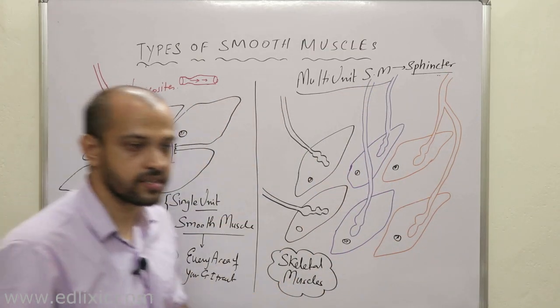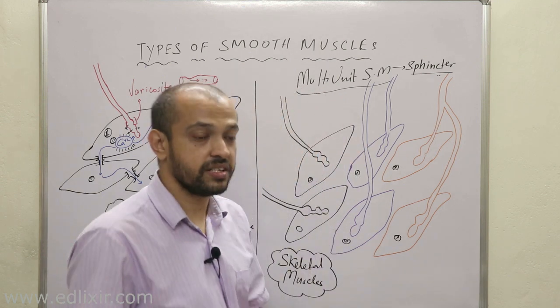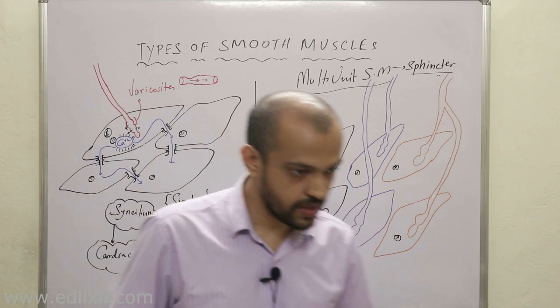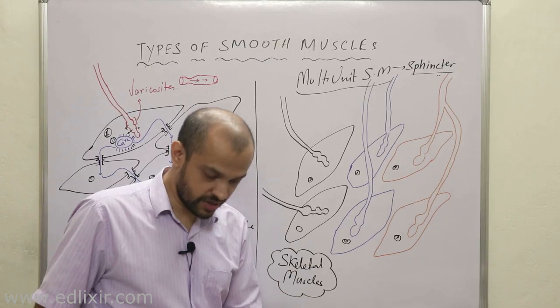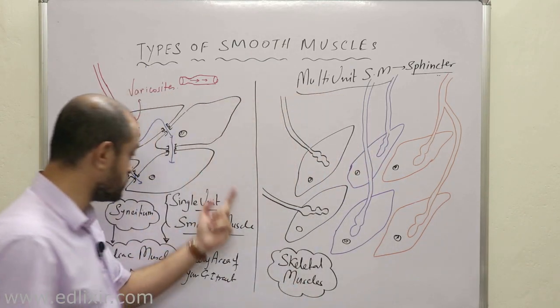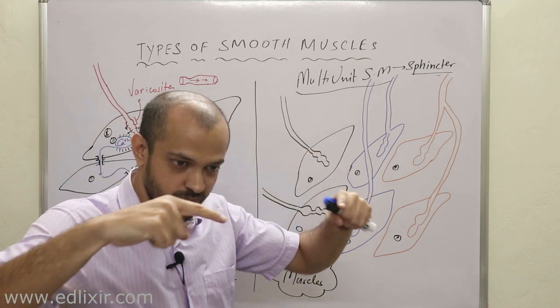Every sphincter, whether it is the lower esophageal sphincter, the pyloric sphincter, the anal sphincter, or the urinary bladder sphincter. Clear? Now, a very interesting point you need to understand is that the urinary bladder is actually made up of single unit smooth muscle. Why? Controlled contraction and relaxation waves, right?